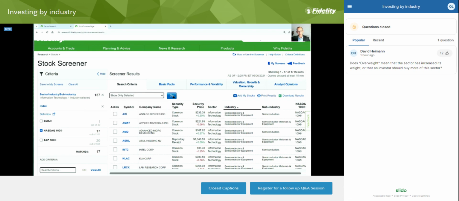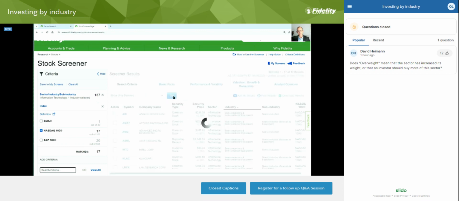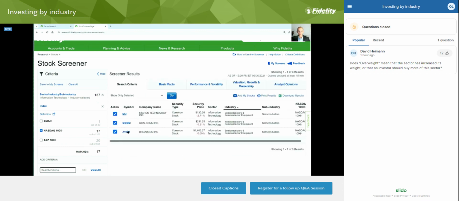Show only selected, and I hit go. And here I'm presented now only with those 3 that I had selected. With those selected and my focus narrowed in from several thousand stocks in the beginning, 137 semiconductors, the 17 within the NASDAQ 100, now we're left with 3 that we're looking at for an example.